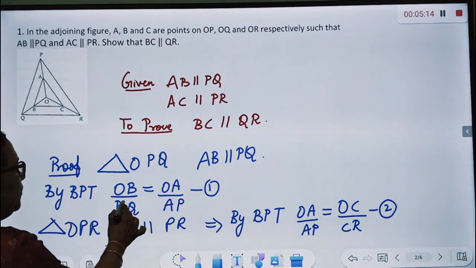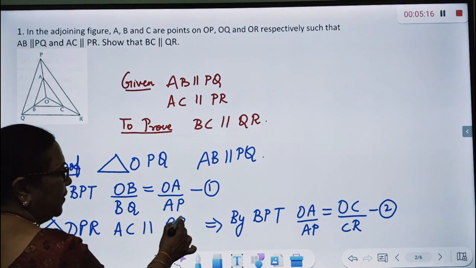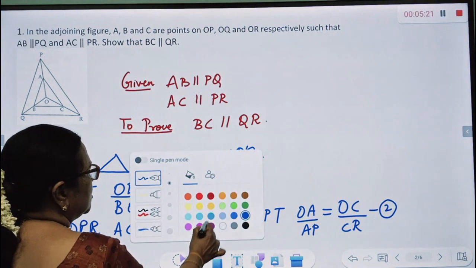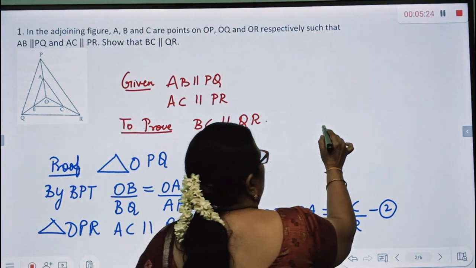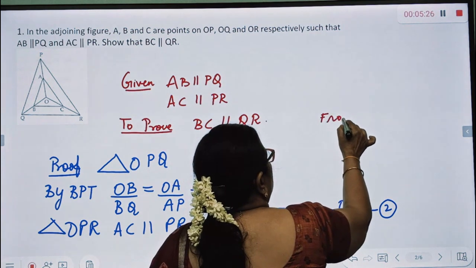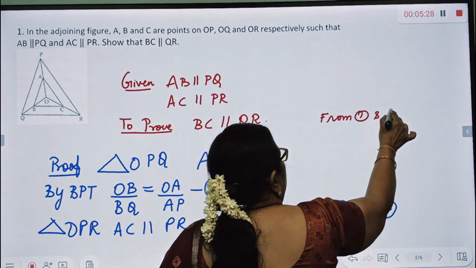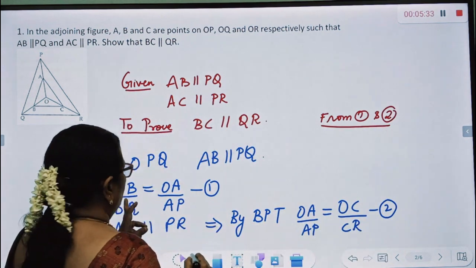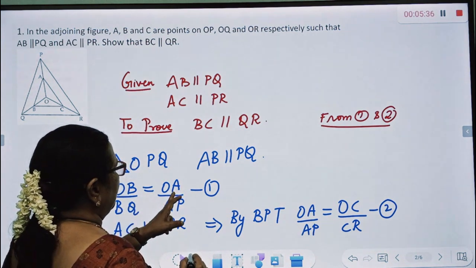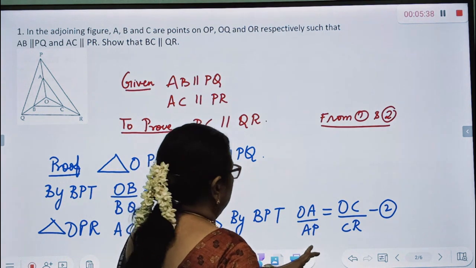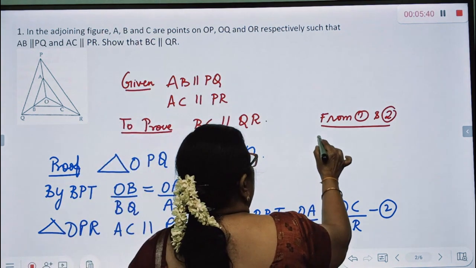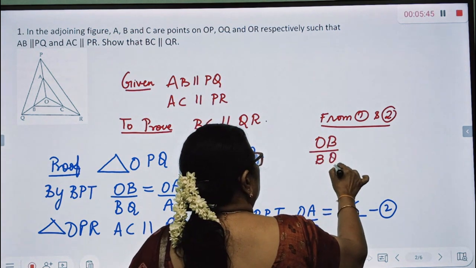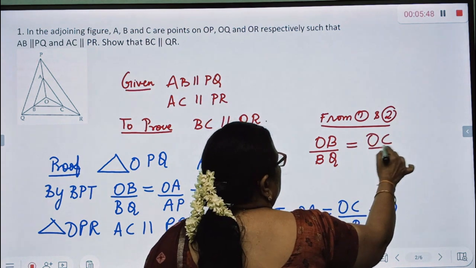Now OB by BQ is equal to OA by AP, but OA by AP is equal to OC by CR. So we get from 1 and 2. You can see that here the right hand side is OA by AP, here the left hand side is OA by AP, which means the other two ratios are equal. So OB by BQ is equal to OC by CR.